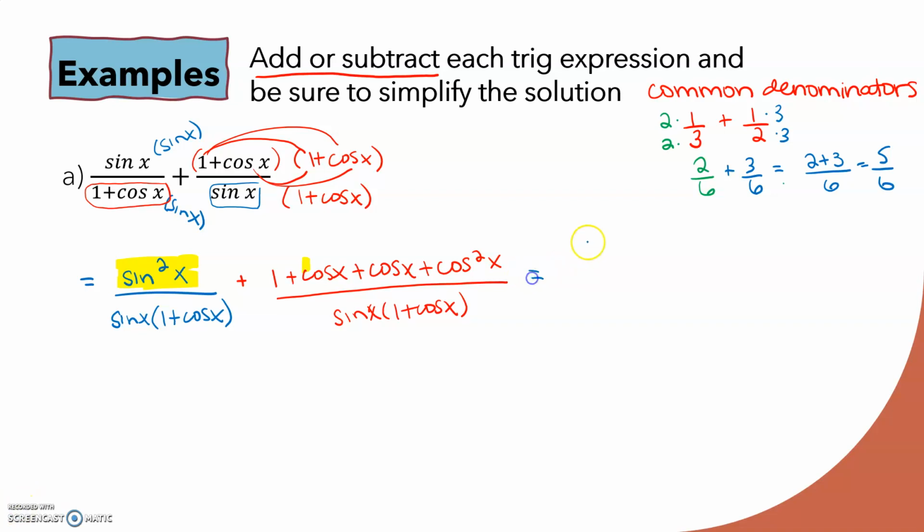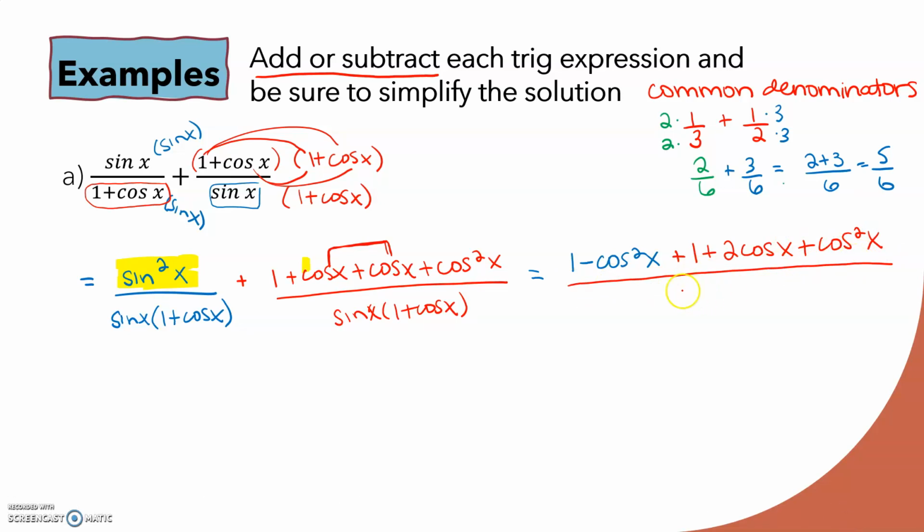So in that first fraction, instead of sine squared of x, I'm going to do 1 minus cosine squared of x. And then in my second fraction, I have these two cosine of x's here. Those I can add together. So I have plus 1 and then plus 2 cosine of x plus cosine squared of x. And again, now, when they have the same denominator, we can now make it all one fraction.